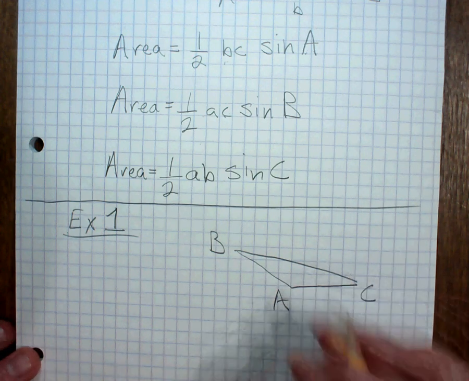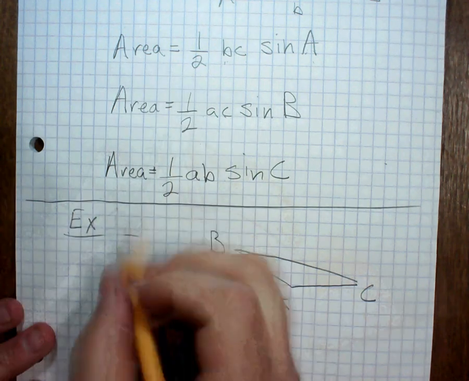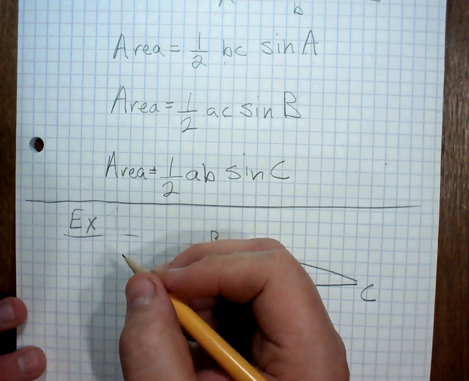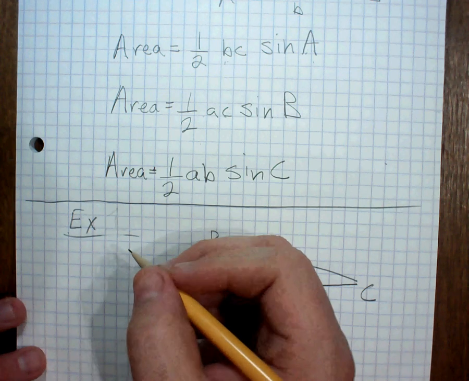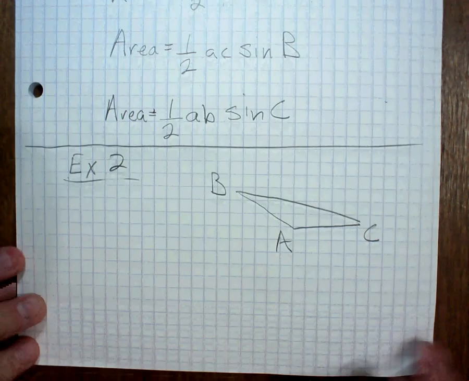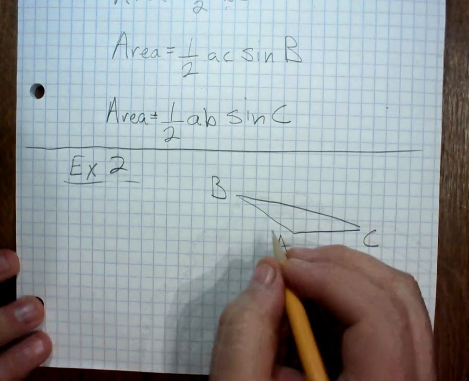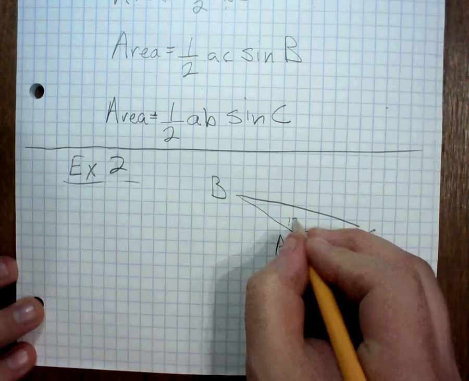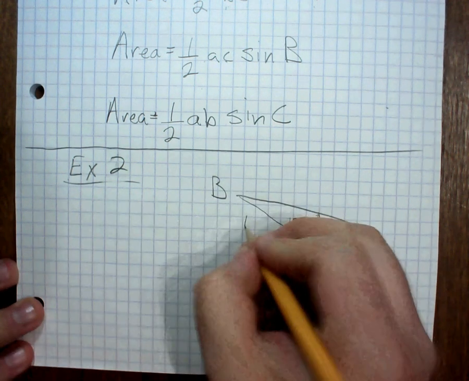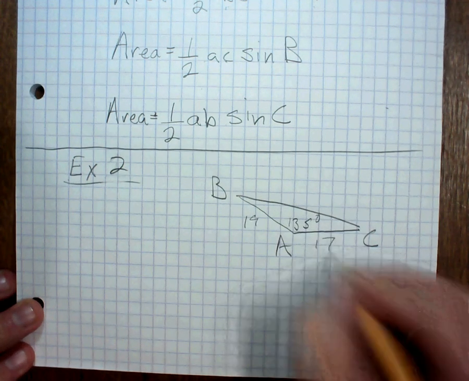So we'll just do this out of order, I guess. This is example number 2, and we'll jump back to example number 1. So this is example number 2. Anyways, we're given that the measure of angle A is 135 degrees, and that this side length is 19 and this side length is 17.